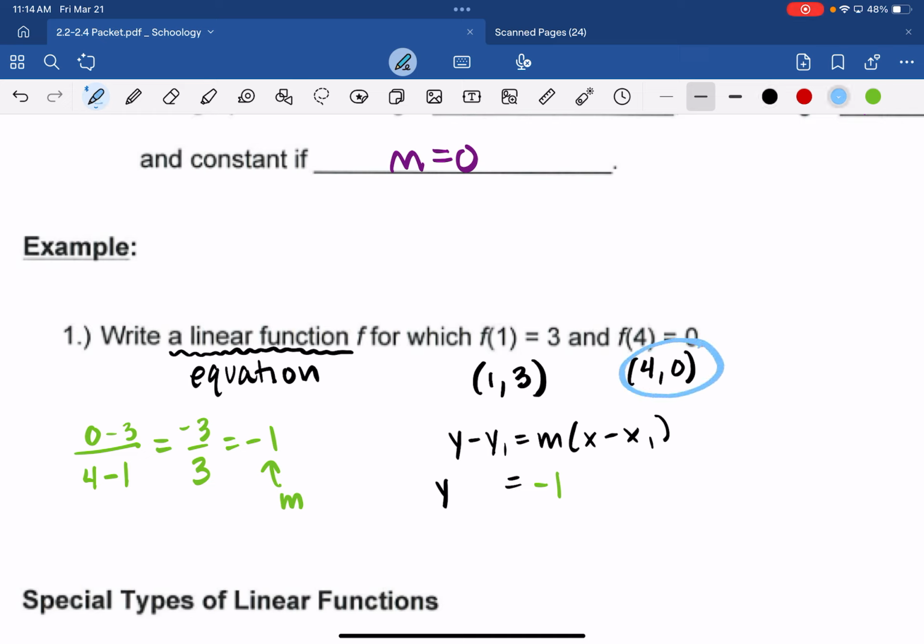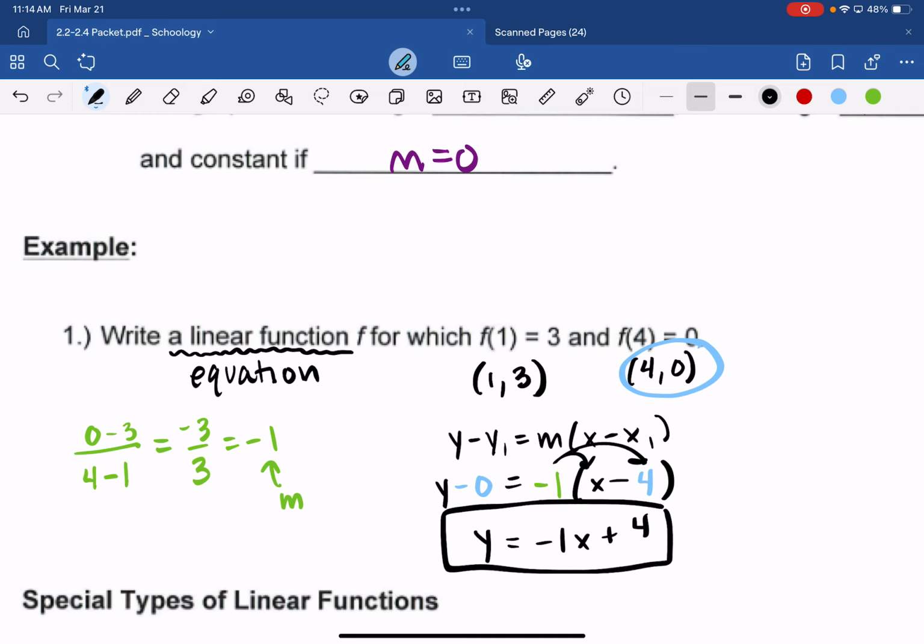Why do you think I'm choosing that one? Yeah, because of that 0. Because when I plug in this minus 0 here, it's going to make my life a lot easier. Again, you totally could have picked the other point. It just would involve some more work trying to get y by itself. But because I'm subtracting 0, I really already have y by itself. I'm going to distribute my negative 1. So I have negative 1x plus 4.